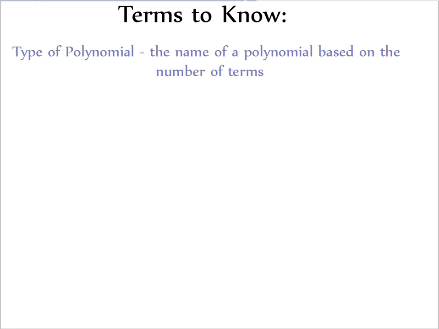Next, let's talk about types of polynomials. A type of a polynomial is the name of a polynomial based on the number of terms. A monomial is a polynomial with only one term. Mono means one. It's not just a disease.